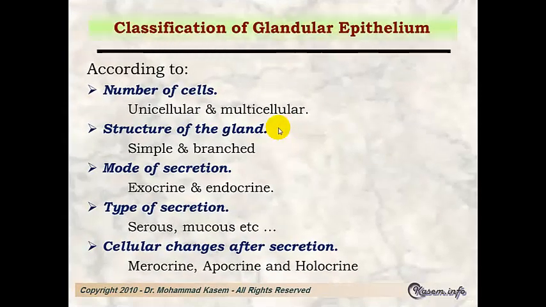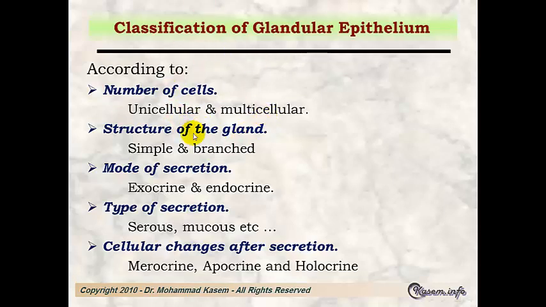Now let's classify the glandular epithelium. Number one, let's classify according to the number of cells found in the gland. It is either unicellular, like goblet cells, or multicellular, and most of them are multicellular.